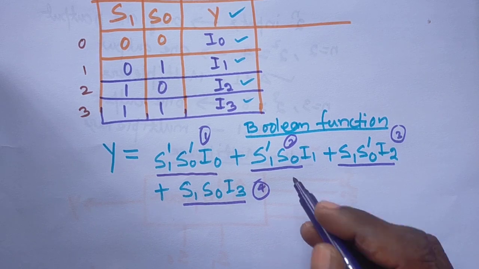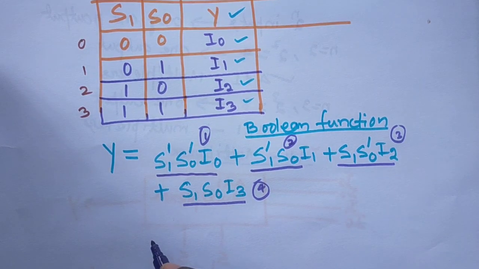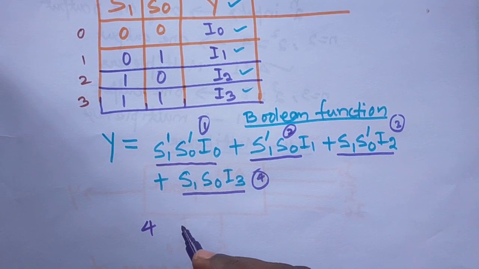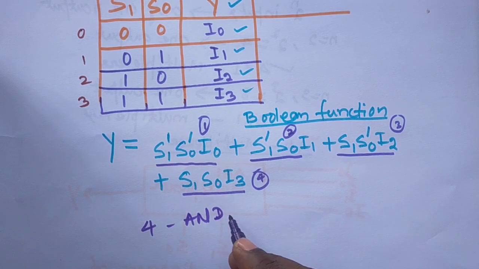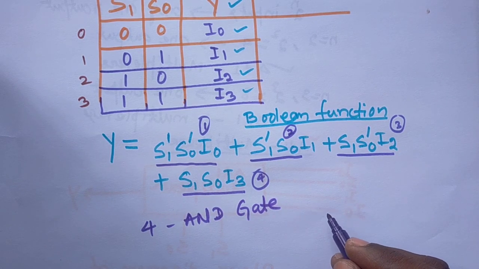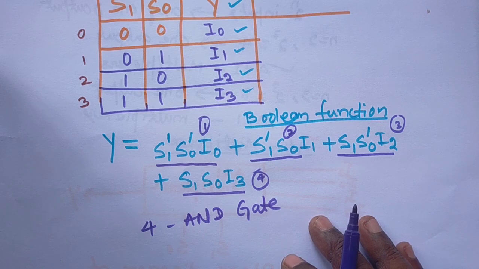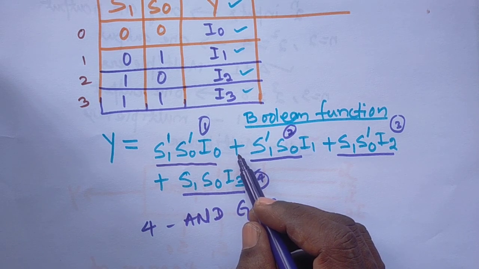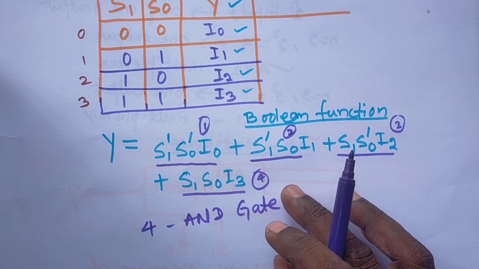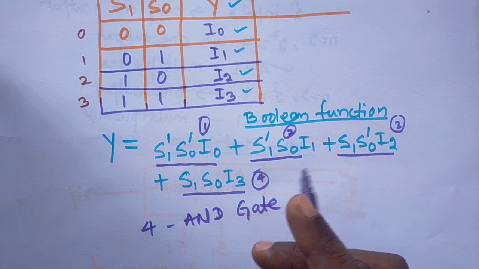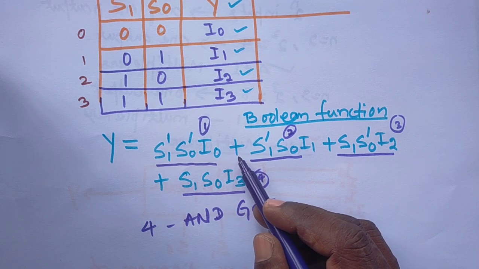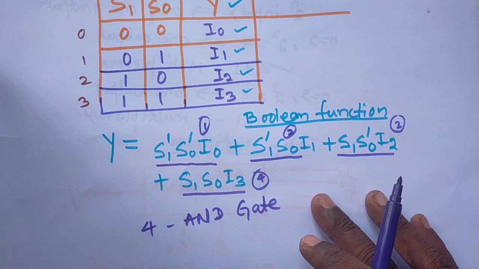Four AND gates are required. But since between these AND terms there is also the addition operator, 1, 2, 3 plus signs, we can use one OR gate as well, no matter the four AND gates.